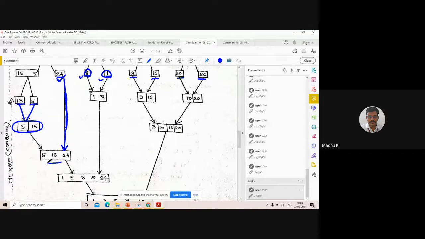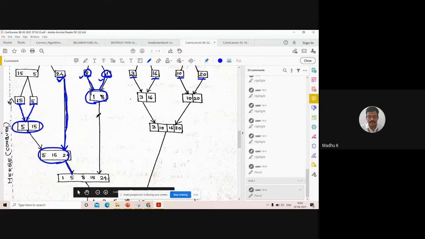Now this is also finished. Then what we will do? Then we combine this and this. This and this is combined. Then we will get 1, 8. Then this is combined with this one.